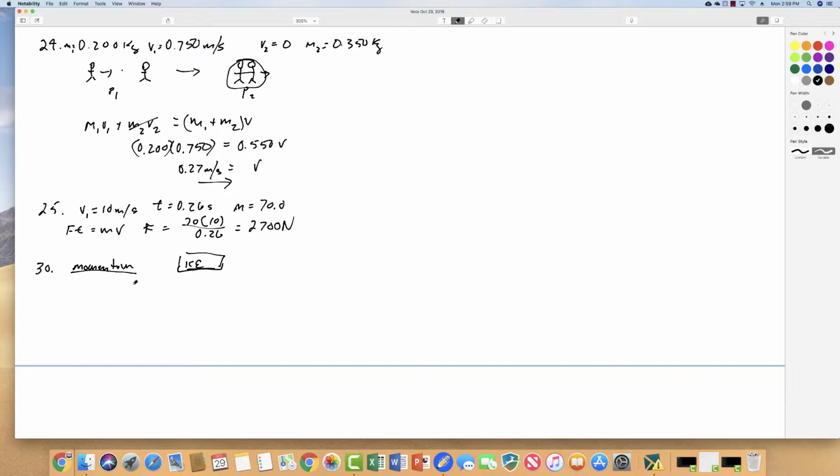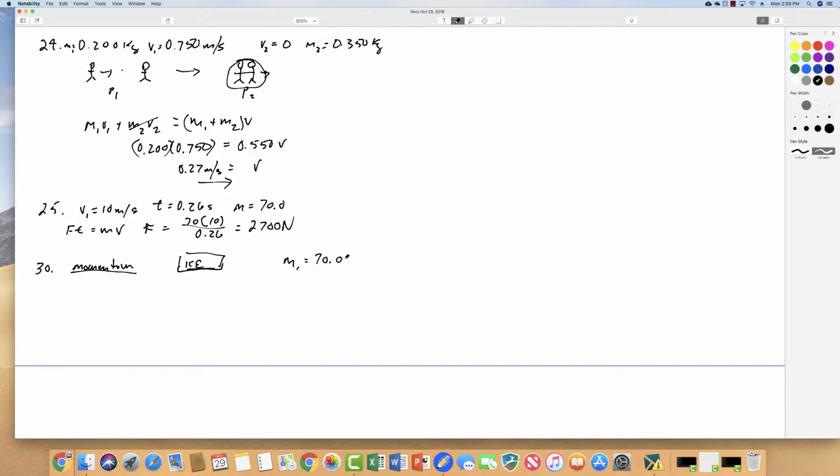So let's look at a problem. Now, because we're looking at two different things, the mathematics becomes much more complicated. And you'll see that in this first problem we're doing. So it says a 70 kilogram ice hockey goalie, so let's give him the moniker M1.